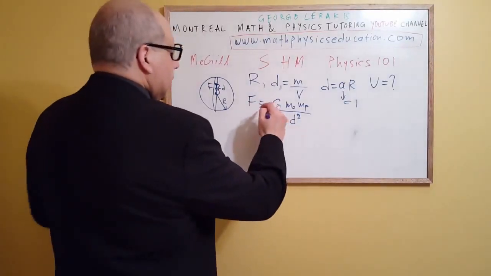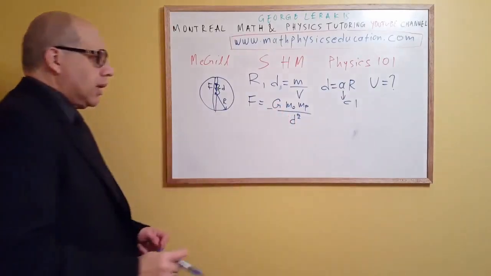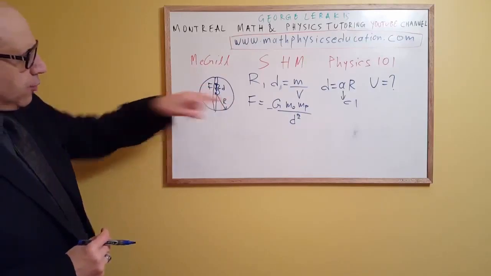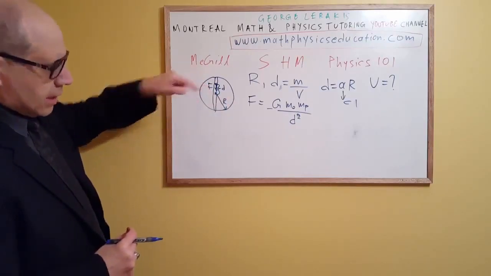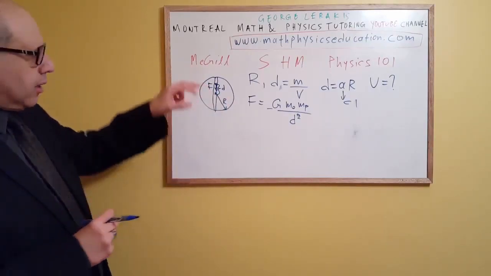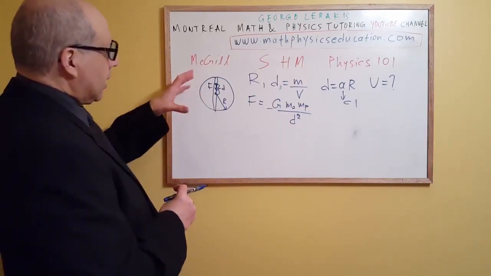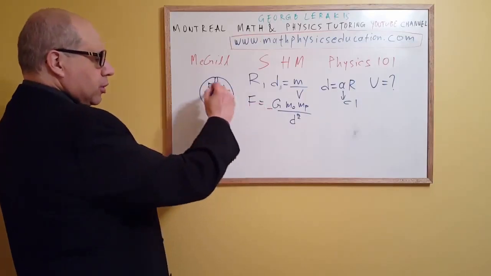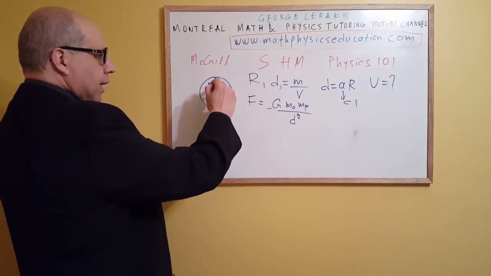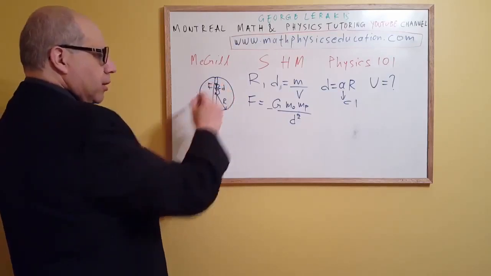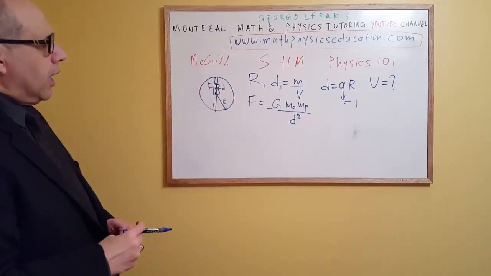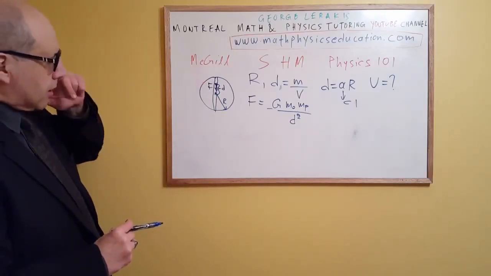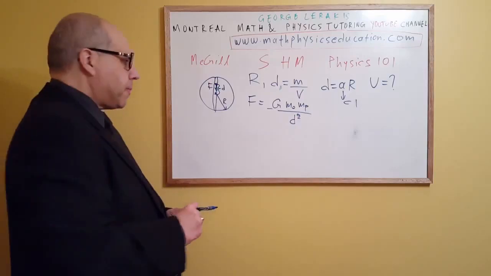And of course here we should put a minus to show that this force is always towards the center of the planet. We also have this minus because the force is in the opposite direction of the displacement, which will go from here to here. So that's the force which is exerted on this object here.